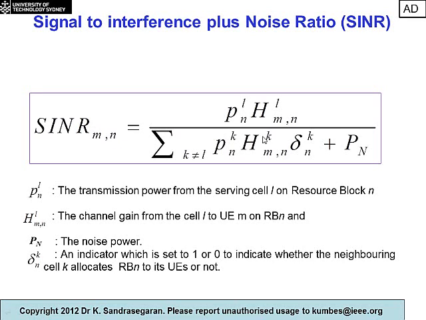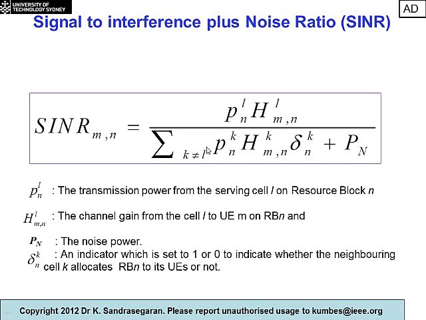So what does it depend on? It depends on the transmission power on that resource block from cell site L, because there may be many cell sites using that transmission power, and it also depends on the channel gain, which is usually given in the form of a channel matrix.